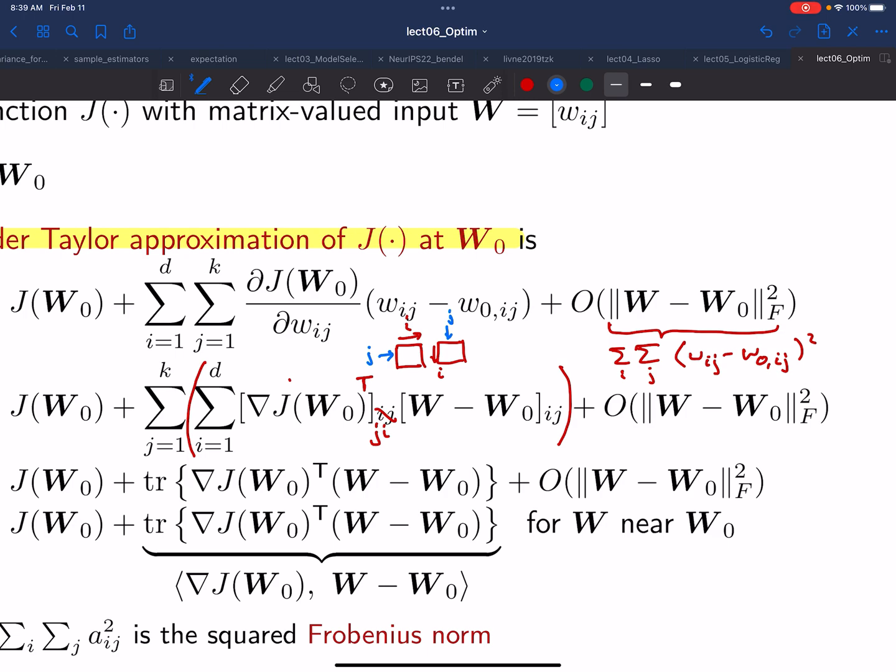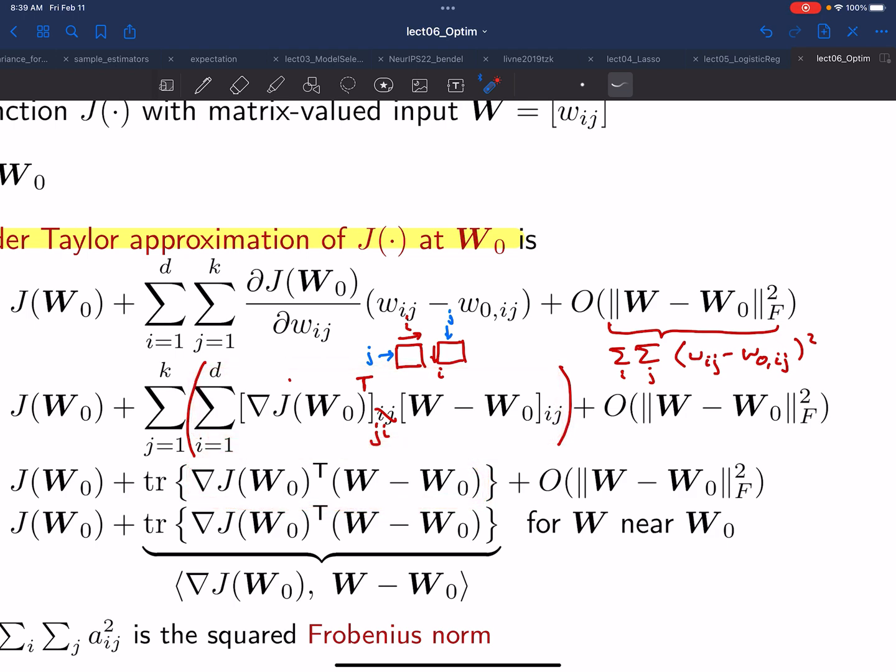So that's going to give me this matrix here, evaluated at the jth row and jth column.